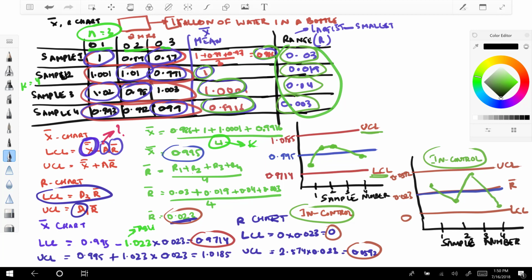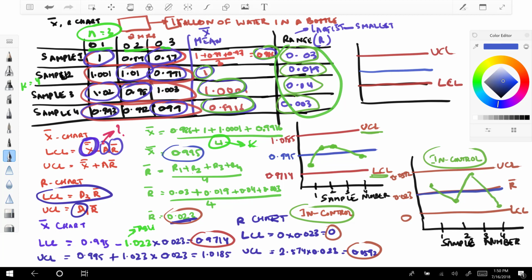Suppose we have a process with a lower control limit, an upper control limit, and then the center line, which is X double bar.